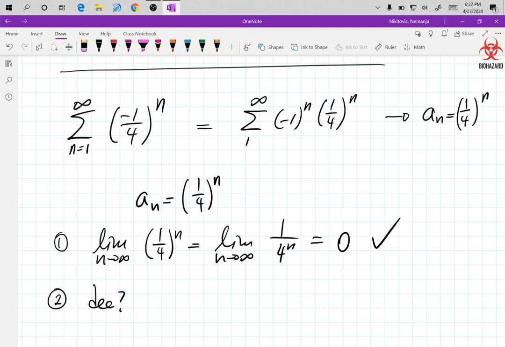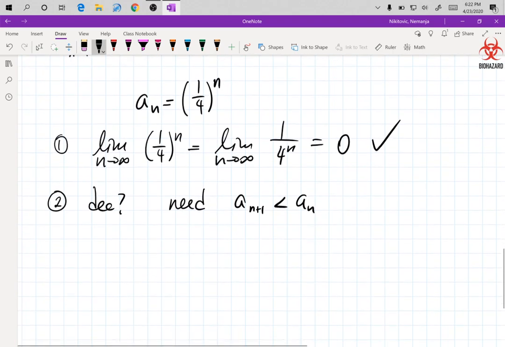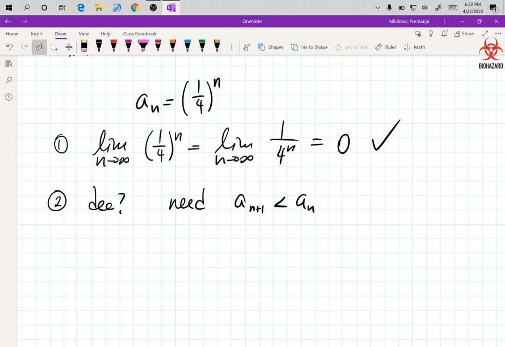That we learned in Calc 1. Or you can just compare the terms. So you can say you need a(n+1) to be smaller than an. That's what you need. Because if you have that hold, that shows that the next term, n plus 1, is smaller than the previous term, which means decreasing, right? Because if every time you move to the next term it is a smaller value, well, clearly decreasing, right?